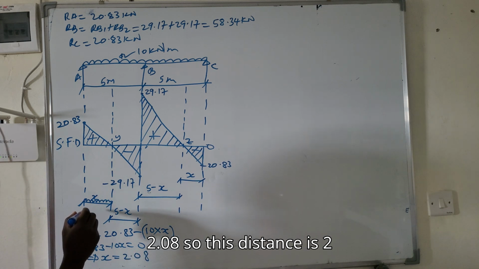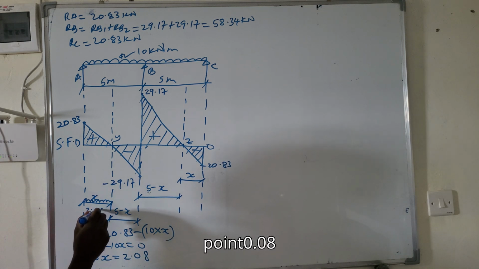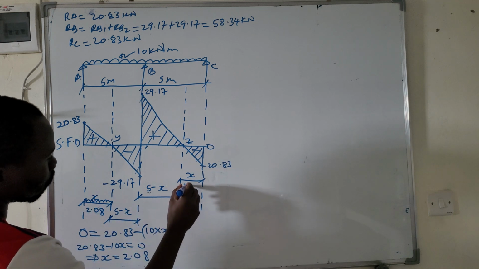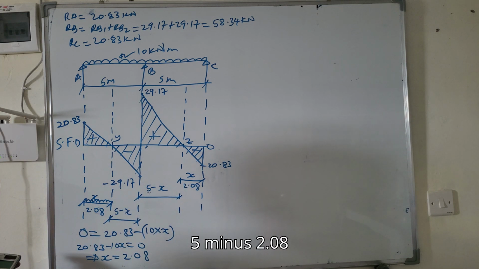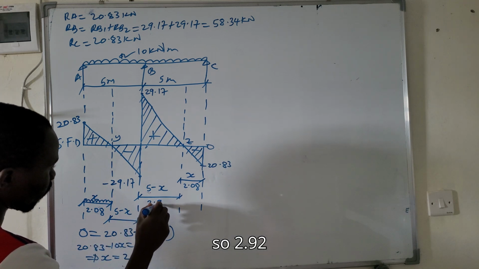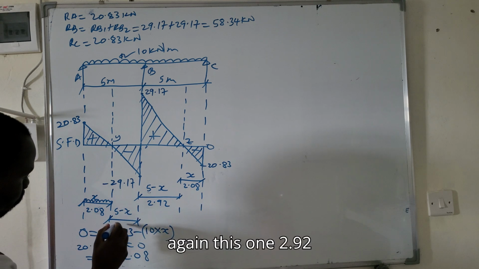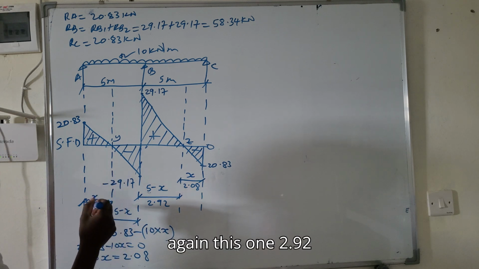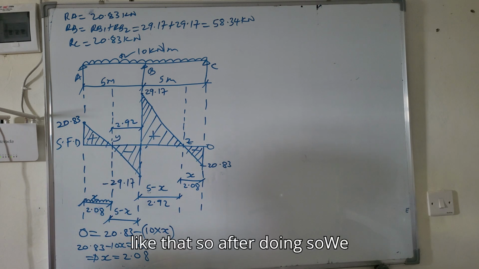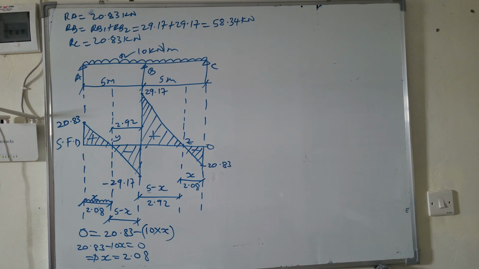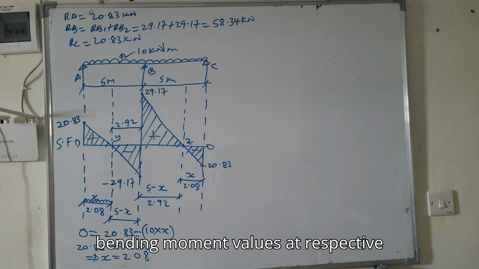So this distance is 2.08. The same to this one, 2.08. So the remaining one will be 5 minus 2.08, 2.92. Again, this one, 2.92. Like that. So after doing so, we can now calculate our bending moment values at respective points.